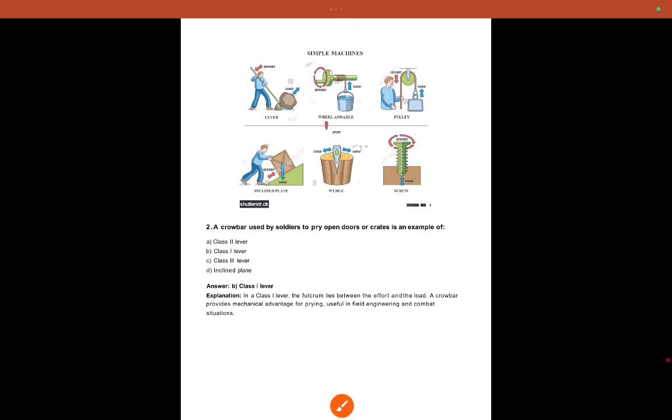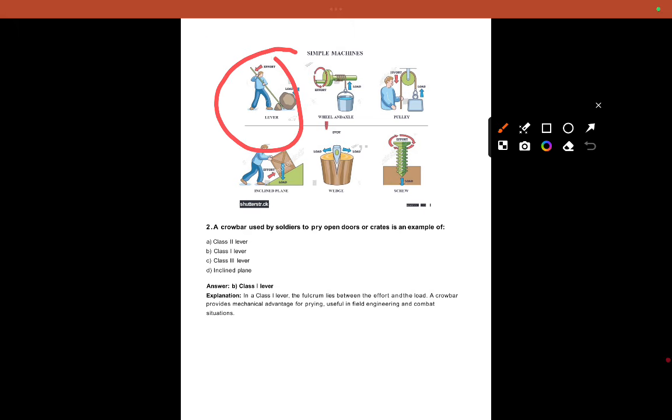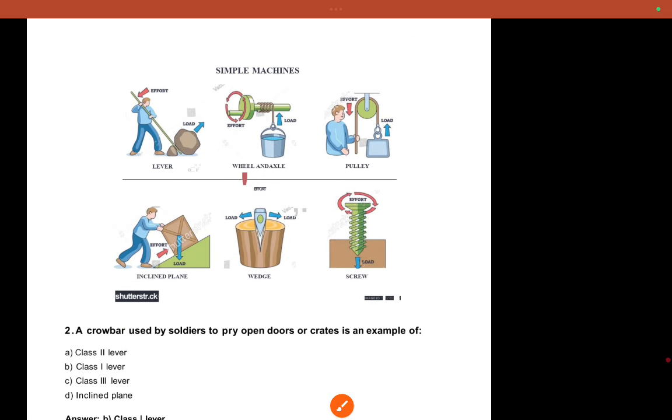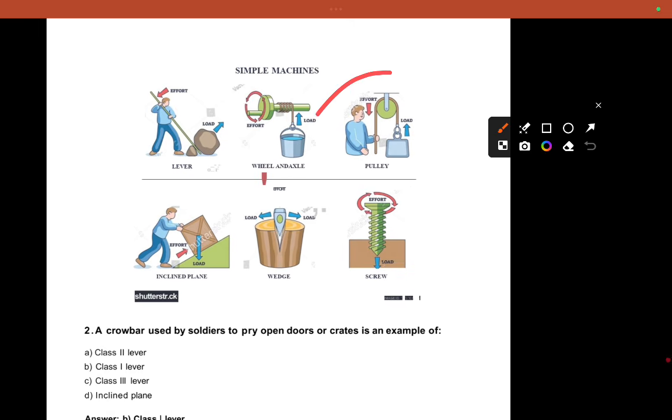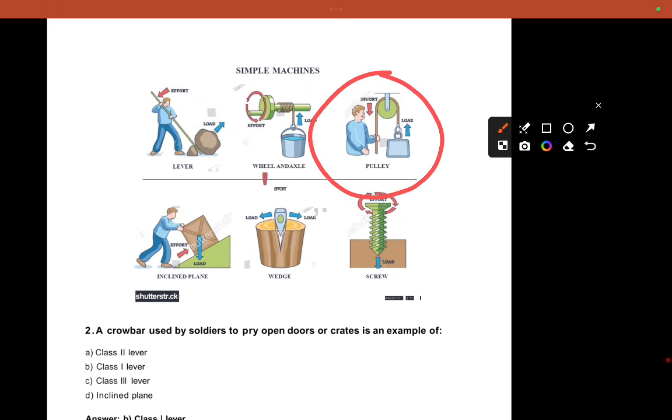Coming to the second question, a crowbar is a lever; you can see the examples here. This is the wheel and axle, and this is the pulley. Simple machines: effort, load, and fulcrum.